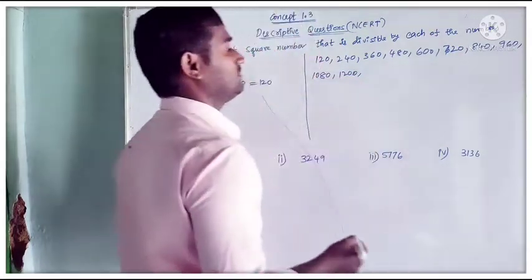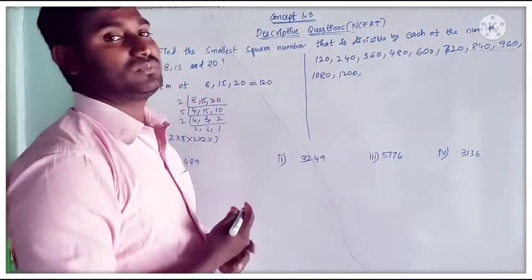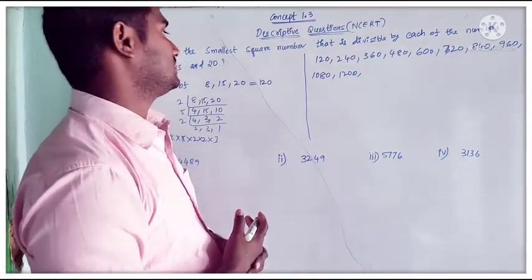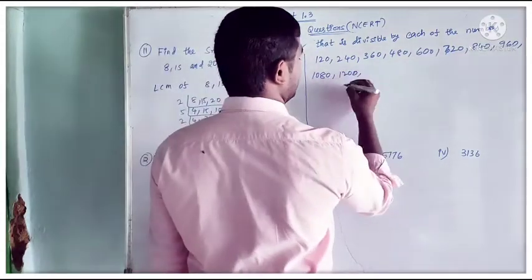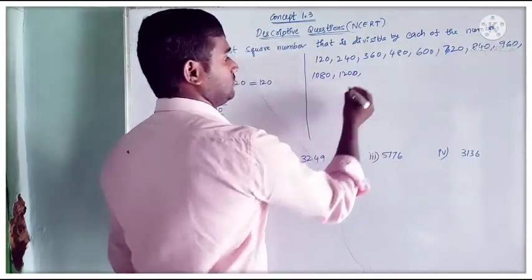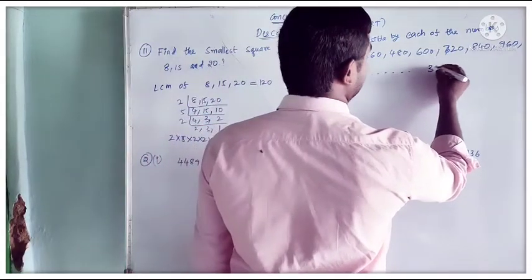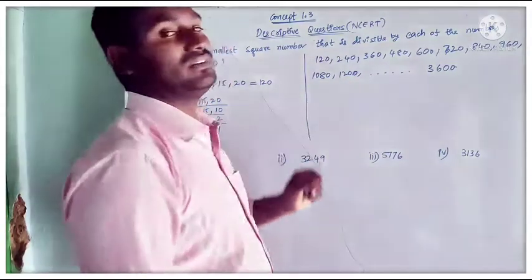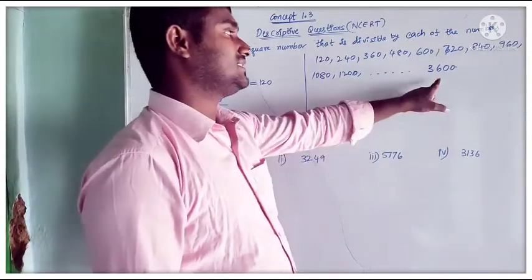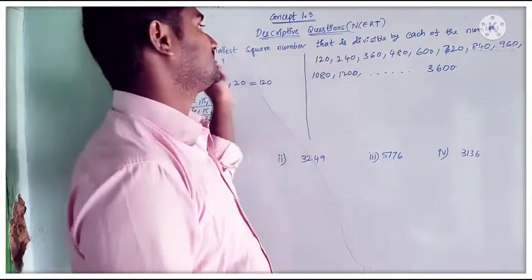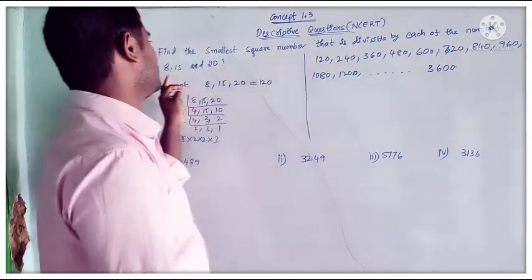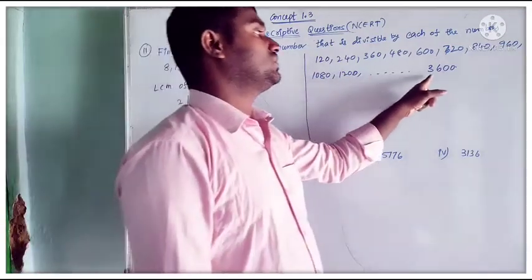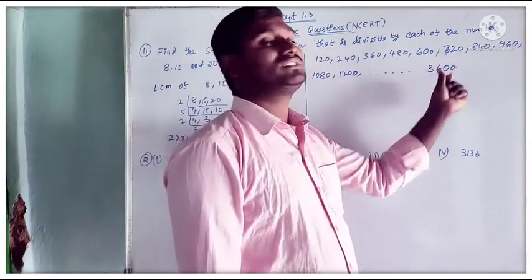The number must be a multiple of 120 and a perfect square, so you can check the prime factors. If you go like this, finally you will get 3600, which is a multiple of 120. So 3600 is the smallest perfect square which is divisible by 8, 15, 20.